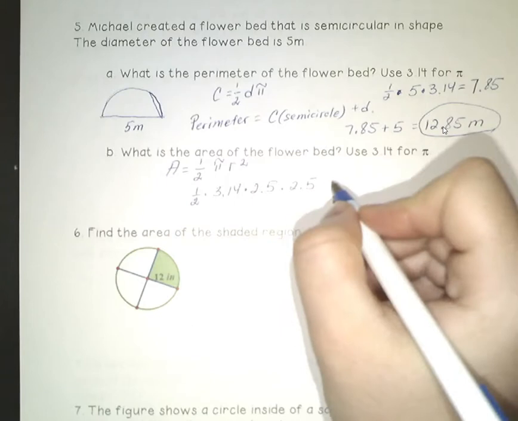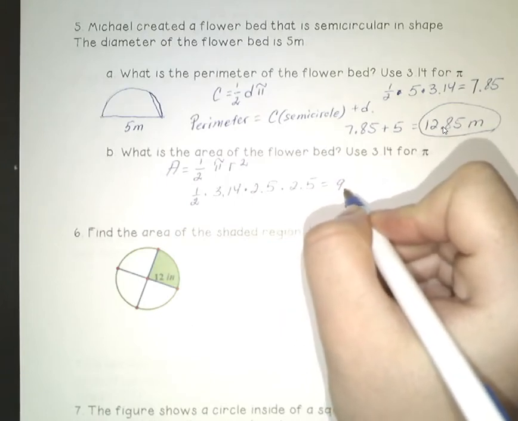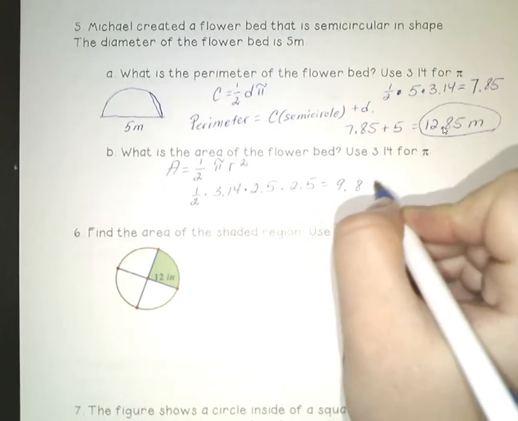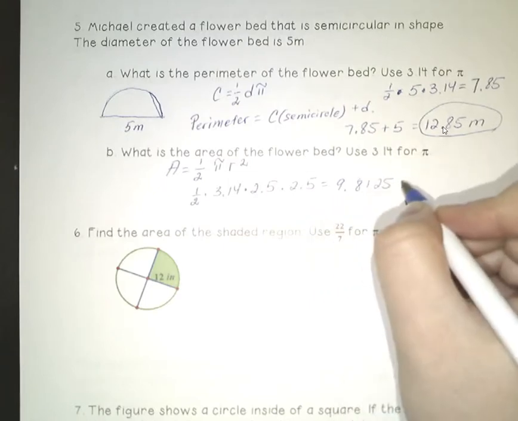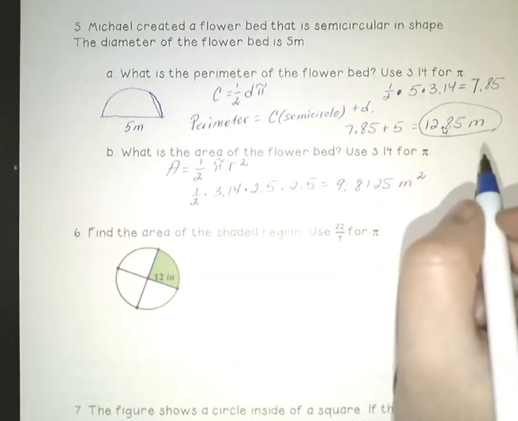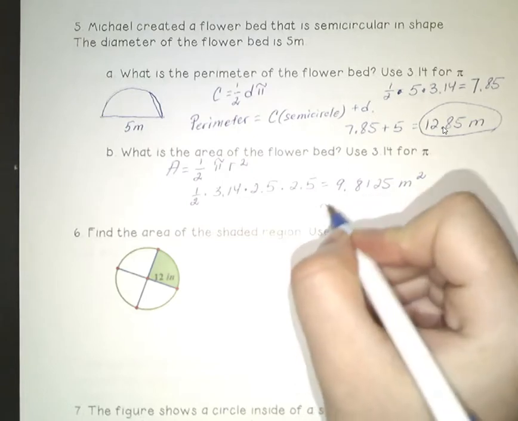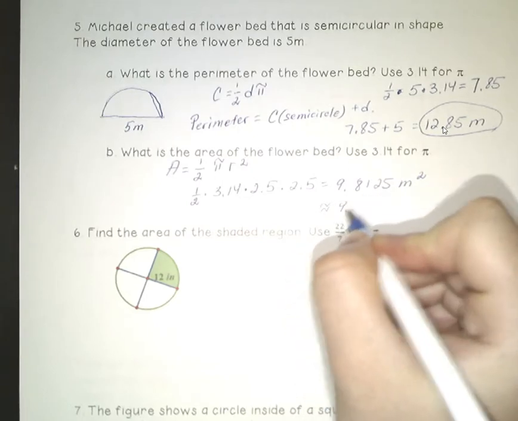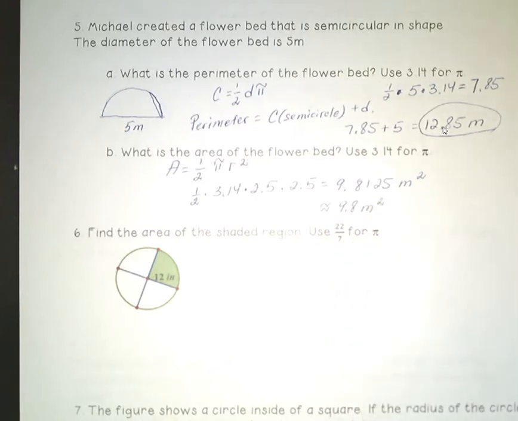That is 9 and 8,125/10,000ths meters squared. Now, we probably want to round it to the nearest tenth, maybe. So approximately 9 and 8/10 meters squared. That will be easier for us to read it.